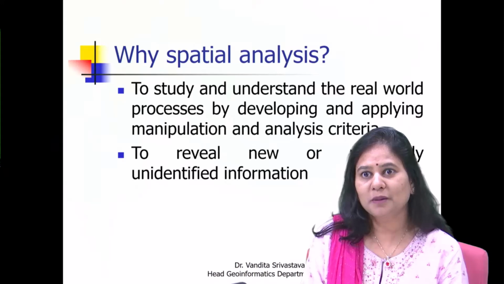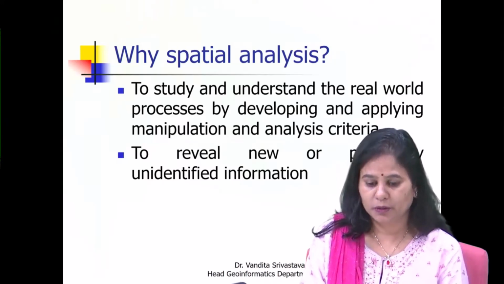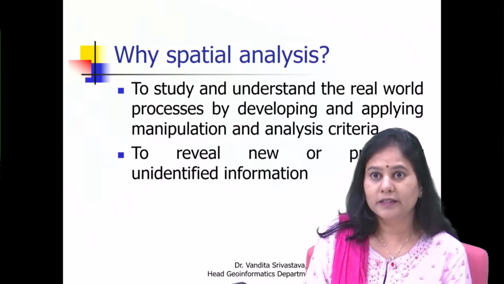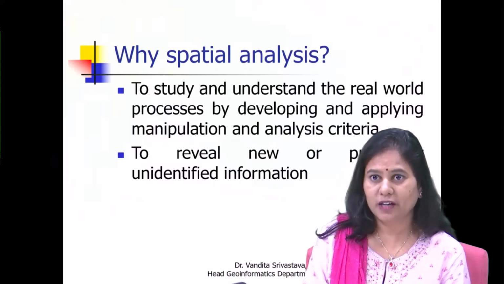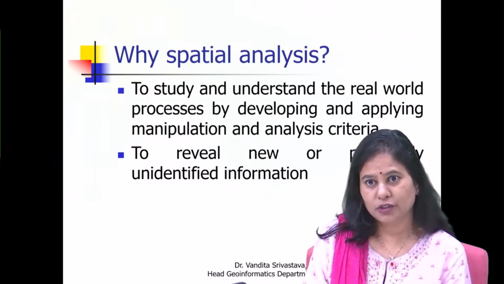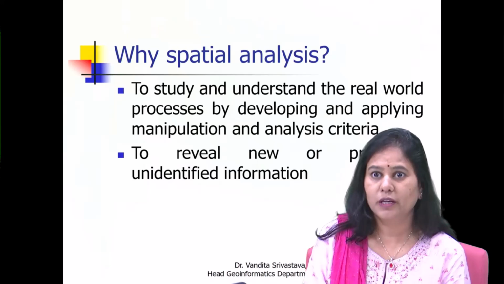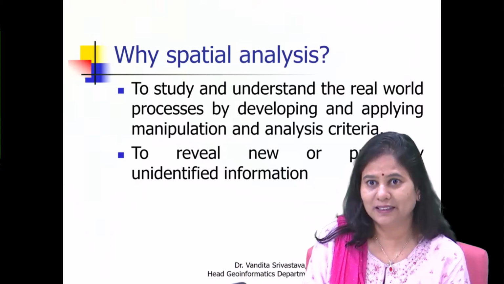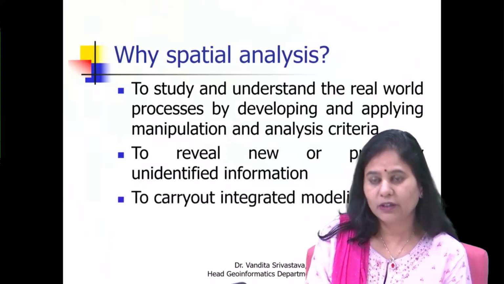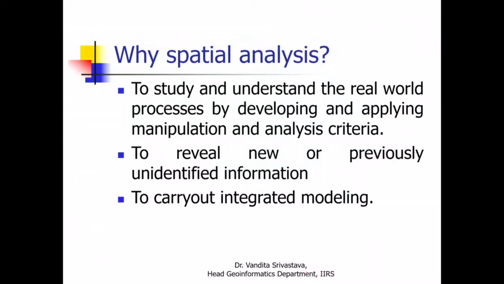If we want to see the impact of human activities, or the natural processes, like I said, soil erosion or any such processes, we can describe our study area in the geospatial domain. Then we try to develop certain manipulation criteria and reveal some information that was either not present or was hidden in the data set. We can also carry out integrated modeling, as I said. So these are some of the reasons why we should carry out spatial analysis.